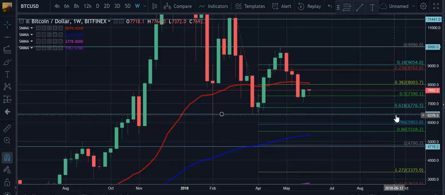6,776, because at this level, minimum 6,500, see it was a resistance here and acted as a strong support in recent weeks here, so it pushed the price up.